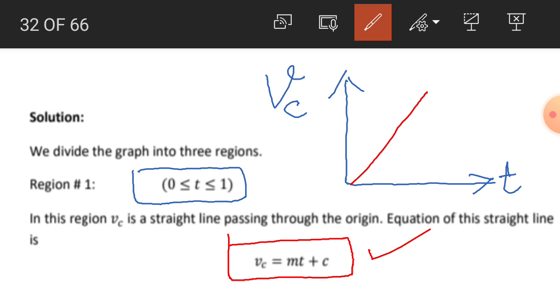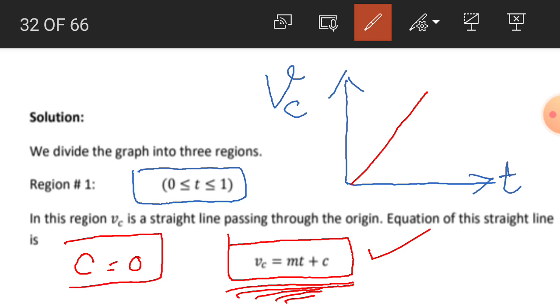The voltage across the capacitor will be equal to mt plus c, where m represents the slope of the straight line and c represents the y-intercept. Keep it in your mind that if the line passes through the origin, then c will be equal to 0. The y-intercept will be equal to 0 if the line passes through the origin. So c in this particular equation will be equal to 0.